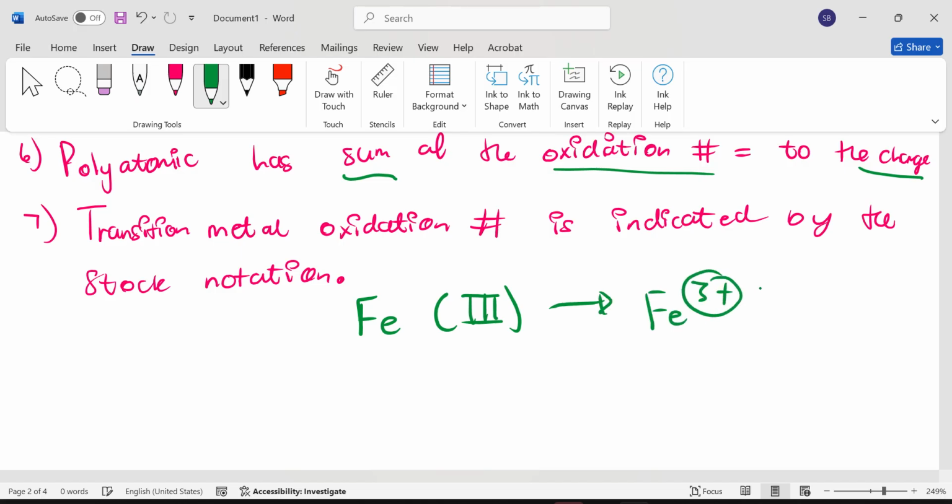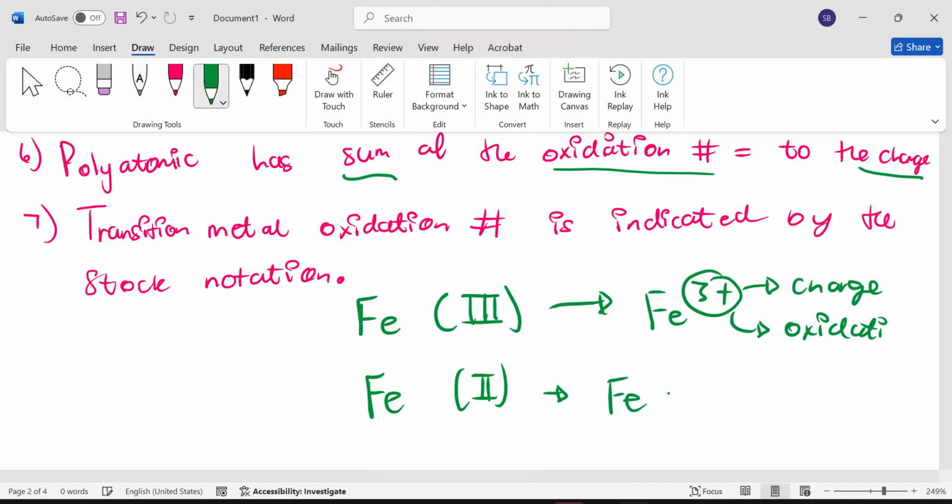That means this is not just a charge, it's a charge as well as the oxidation number. So if they have Fe 2, that means you're looking at Fe 2 plus, which is a charge and the oxidation number. So that's all that it basically entails.